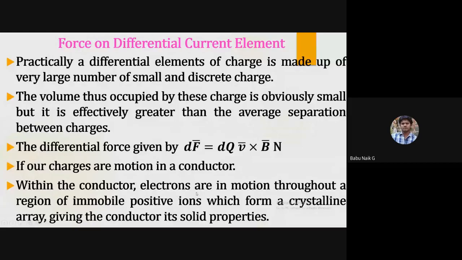The electrons move throughout a region of immobile positive ions, which forms a crystalline array and gives the solid conductor its properties.